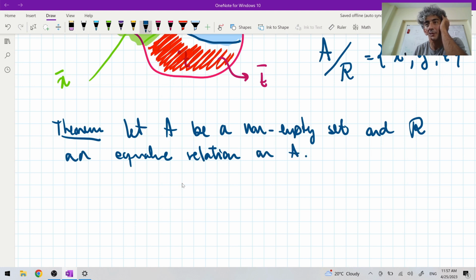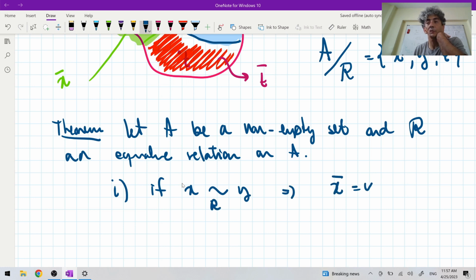All right. So first of all, we're going to prove the following. If X is related to Y, then they have the same equivalence class. Right? That's the first thing we need to prove.